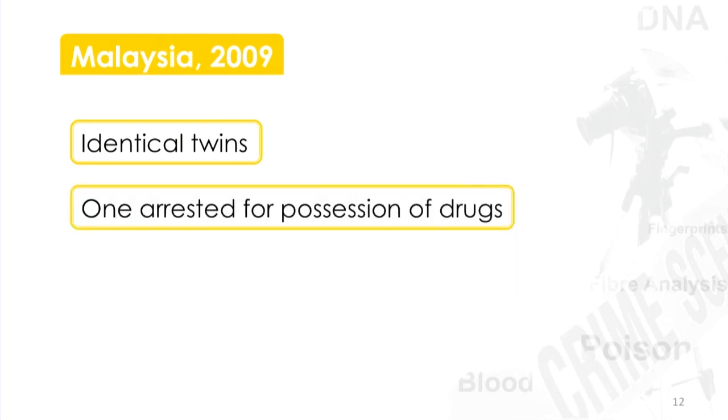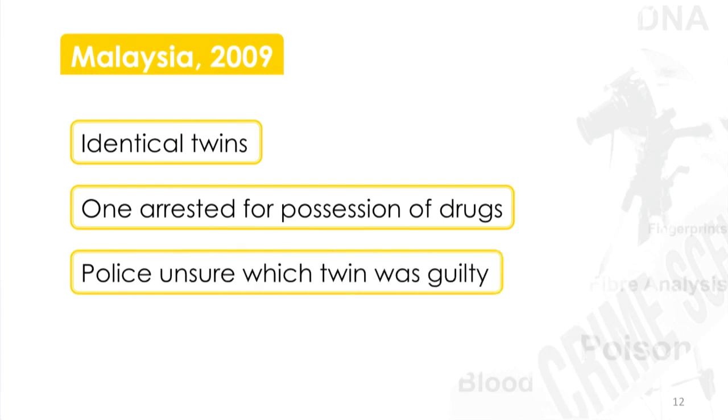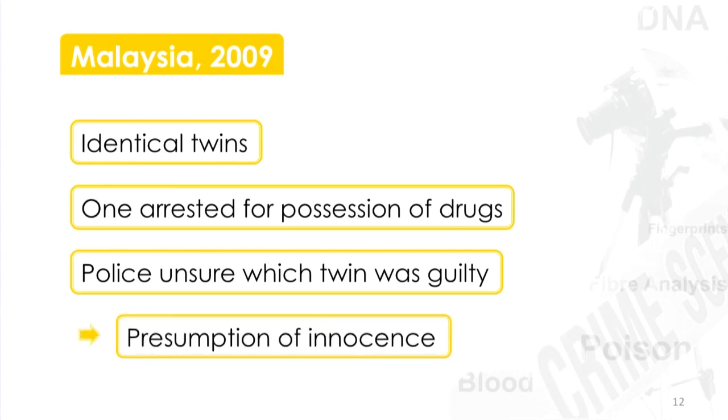But by the time the case came to court, the police didn't know which of the two twins was the one they had originally arrested. So they could not prove which one was guilty. They were sure one of them was guilty, but which one? So of course we have to presume innocence. You have to presume they're both innocent because you can't prove which one is guilty.